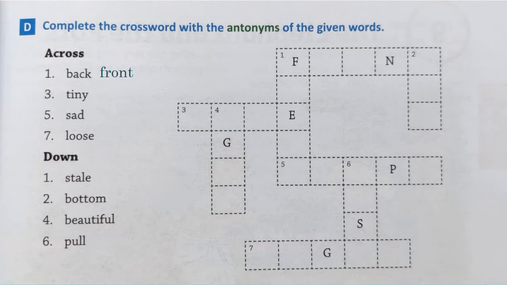Opposite of tiny, we saw in the example, right? Huge. Next word, sad. Opposite of sad, happy. Next word we have loose. What is the opposite of loose? Tight. Then stale.